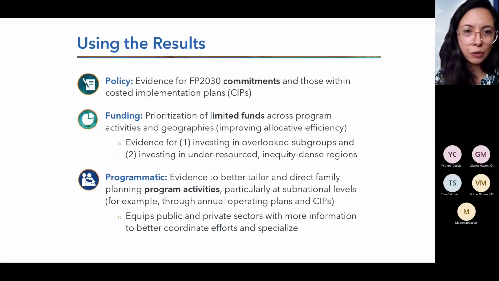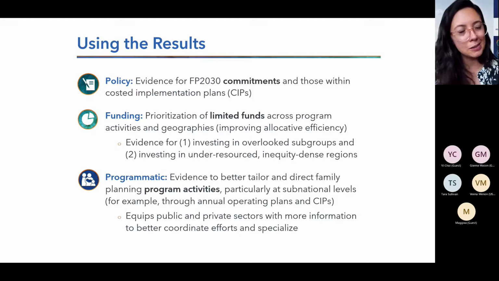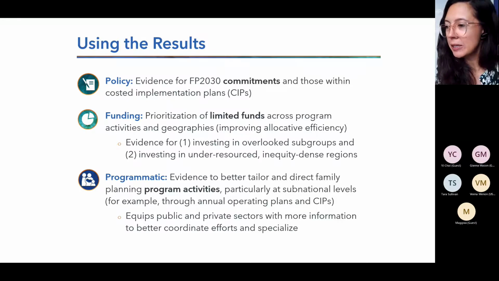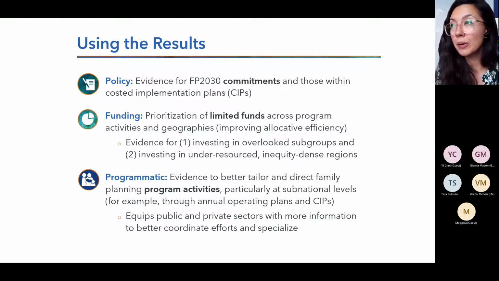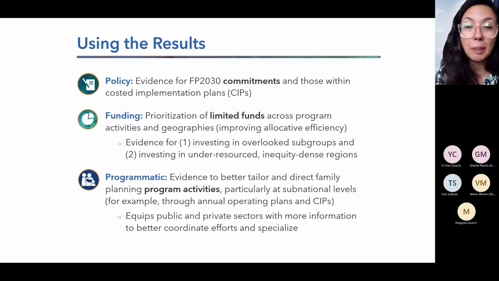The results can also be useful for prioritizing limited funds across program activities and geographies. So this can help you make a decision whether you want to prioritize a mass media campaign, pivoting your family planning programs, or building greater capacity among the community health worker fleet to go door to door and sensitize people about family planning.